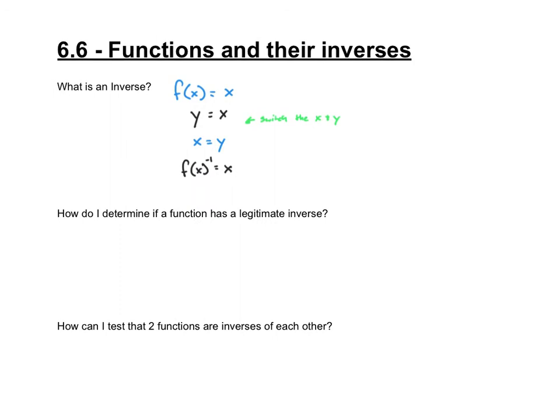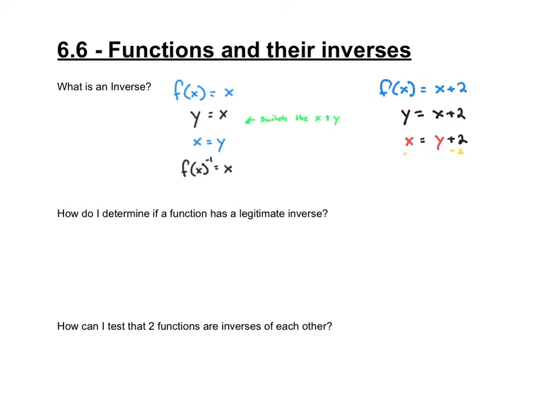Let me give you a better scenario on this. f of x equals x plus 2, right? So what we do, we write it as y equals x plus 2. We switch x and y. So x equals y plus 2. So really just switch the x and y there. And then we're going to go ahead and solve as we normally do.